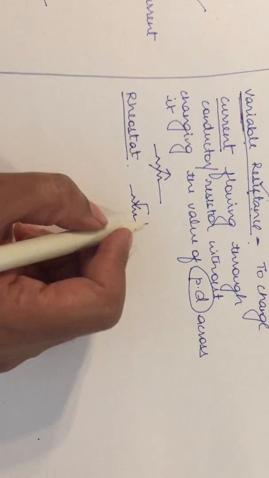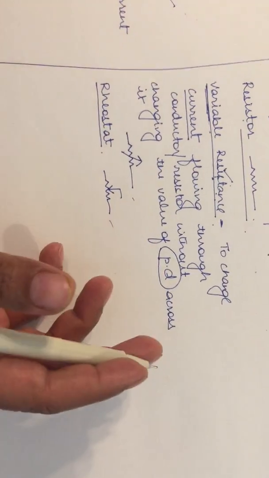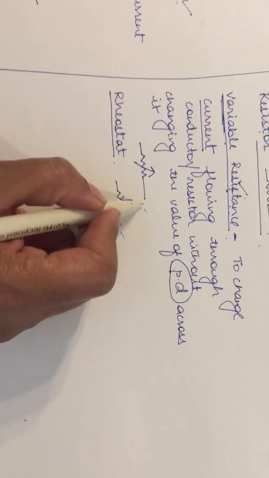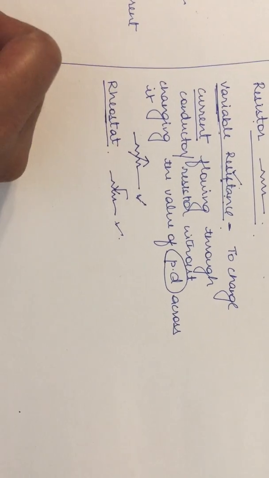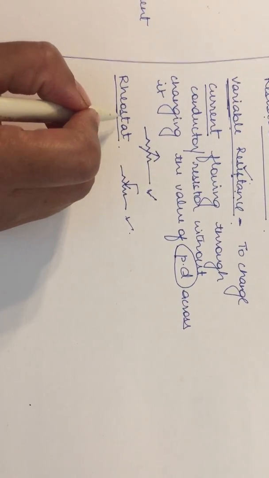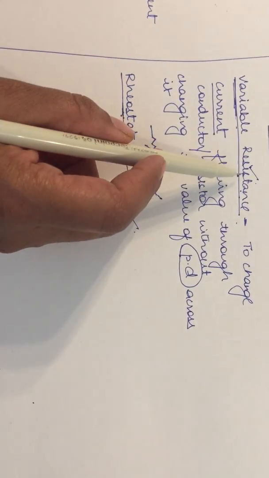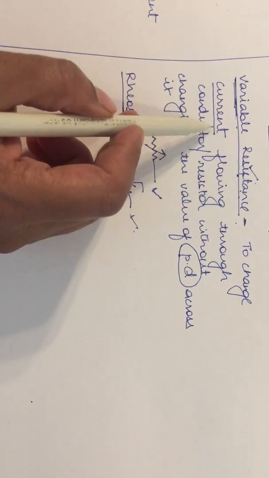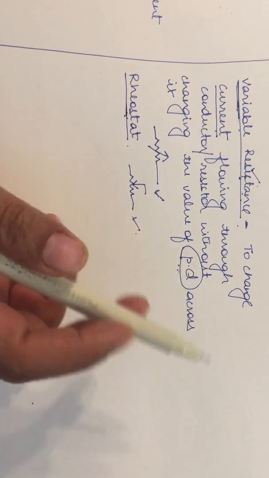Though for variable resistance we most commonly can use this as well, to be more accurate, this is the symbol for variable resistance and this is the symbol for rheostat. So what is a rheostat, if you have to define it? A rheostat is a component or device to vary the resistance so that we can change the value of current without changing the potential difference.